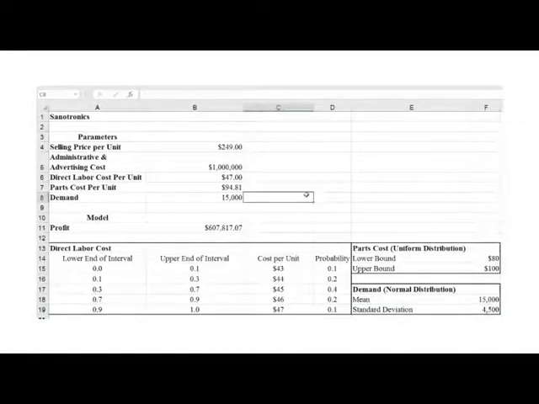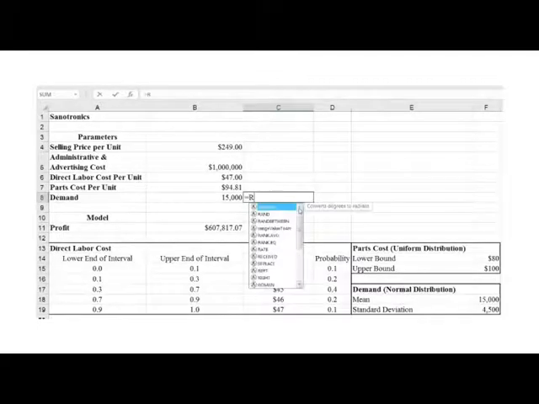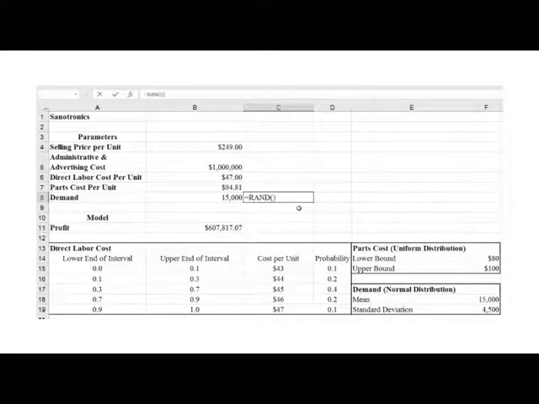Therefore, what we would like to do is have Excel generate a value from this normal distribution via a random draw. To do so, we will use the rand function to first generate a random number between 0 and 1.